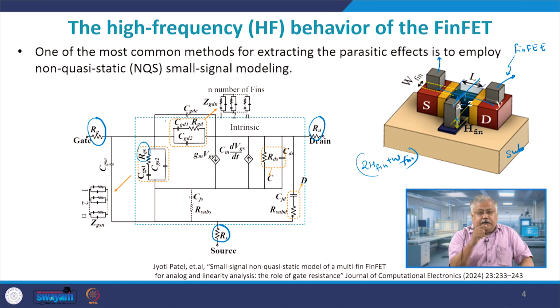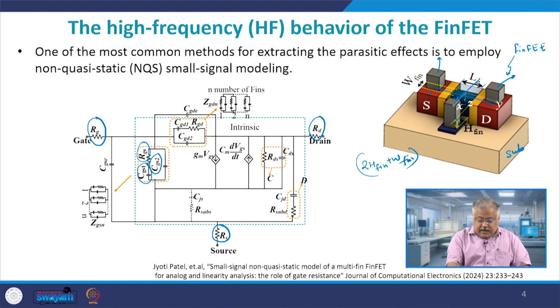RGS is the gate to source resistance, which is the resistance between this point and this point, and it is in series with CGS1. CGS1 is the gate to source capacitance, and there are two types of capacitance: one is extrinsic and one is intrinsic. So CGS2 takes care of the extrinsic part and CGS1 takes care of the intrinsic part. This is on the source side.